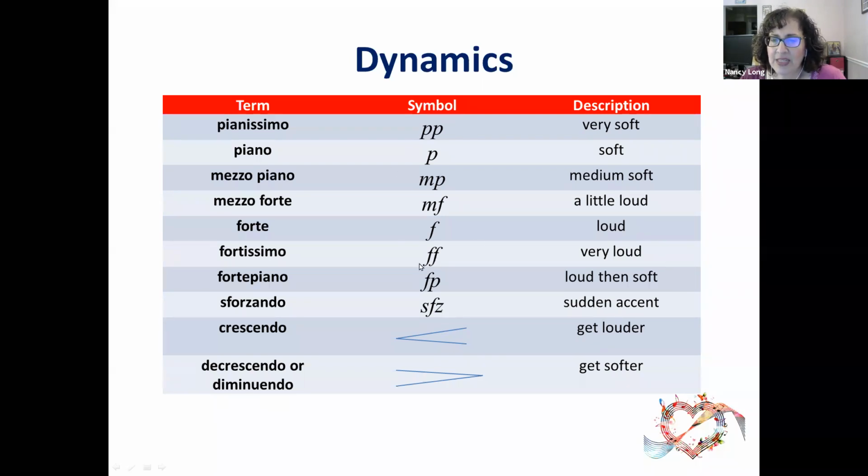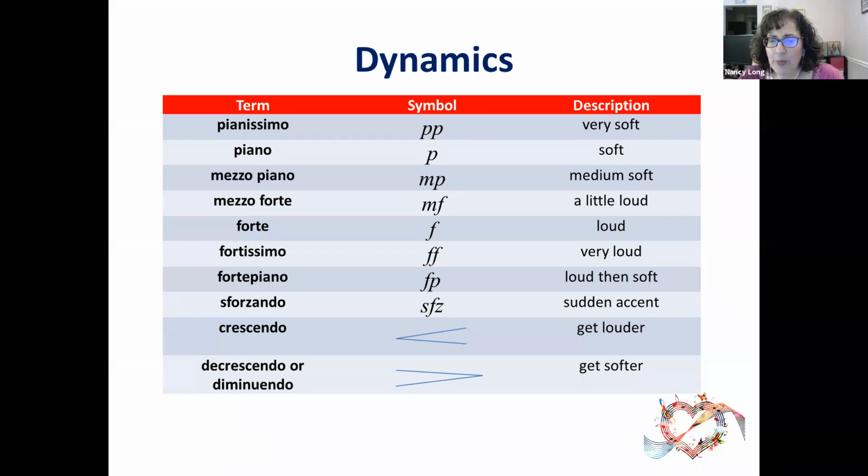We do have all of these in other music, and even in some of our music, you might see things with 3 Ps or 4 or 5, in which case it becomes pianissimo and fortissimo. So we can get pretty soft and pretty loud in how we talk about music.